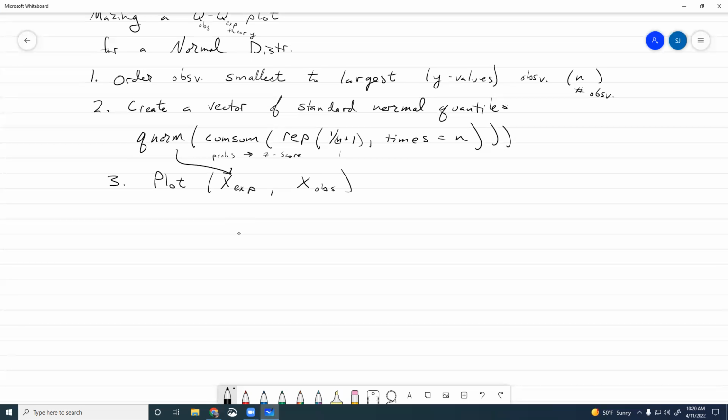So let's just see real quick. QQ plots. Okay. So what this looks like then is, say n equals 7. We'll have our normal distribution, our z-scores. We're going to chop it up at 8 different points, but we'll have 7.